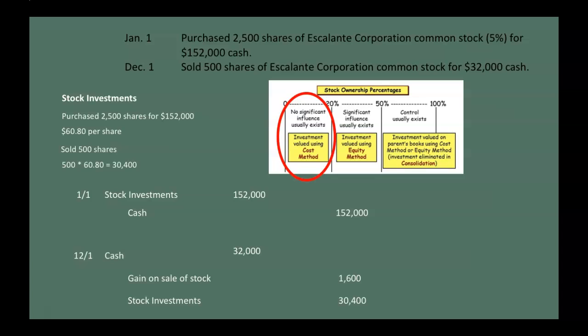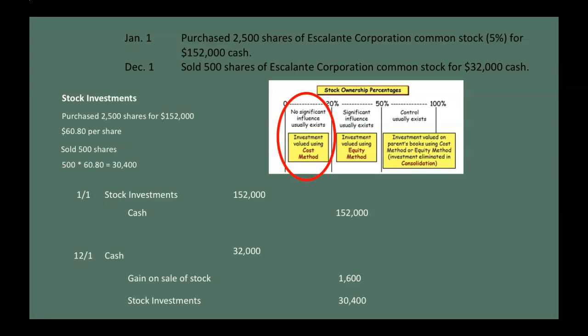We now have this gain on the sale of our stock investments of $1,600, the difference between the cash and the stock investments. And once again, it's a gain because we got more cash. We received $32,000 when our stock investments on our books were only worth $30,400.